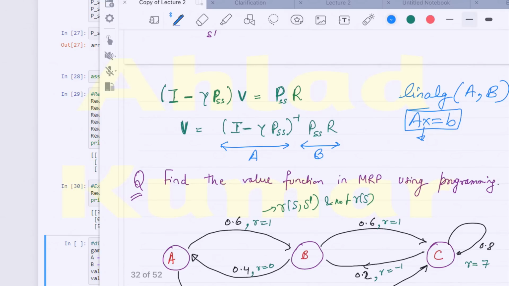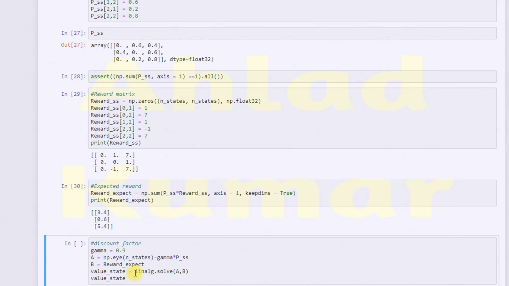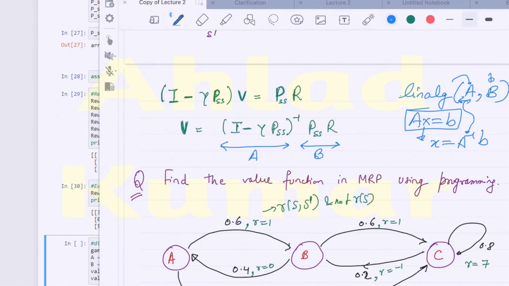Once you put the values of a and b here, it means that it is trying to solve x is equal to a inverse b, where a in the first argument will be used as a inverse. That's why we are putting the argument a comma b here. So a will be a inverse now, and then you have b. Whatever value you get by solving this is nothing but the value of x, which is given over here, and x is nothing but the value function.